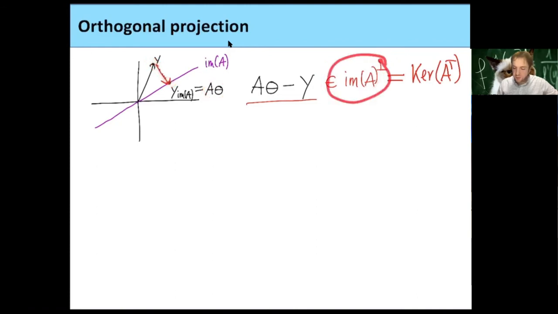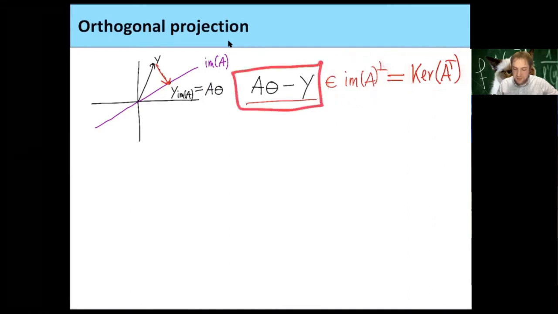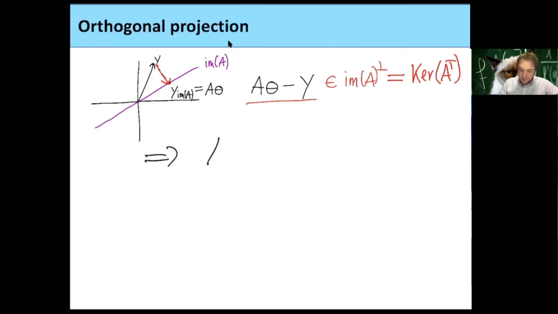But now we also saw that the orthogonal complement of the image is just the kernel of A transpose. Therefore, we want to find theta such that this is in the kernel of A transpose. And being in the kernel of A transpose means if I multiply it with A transpose, it's 0.